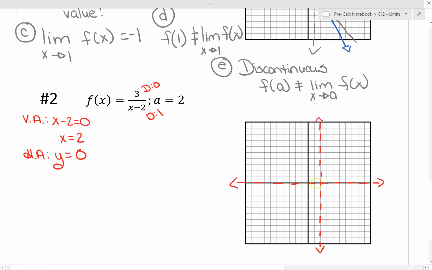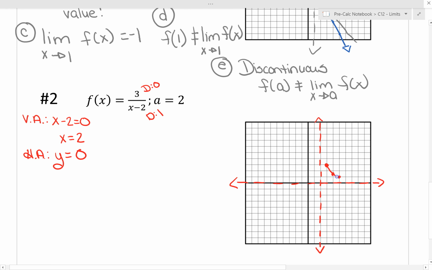So if we were to plug in a 3, we would get a 3. Plug in a 4, we would get 1.5. A 5 would give us a 1.